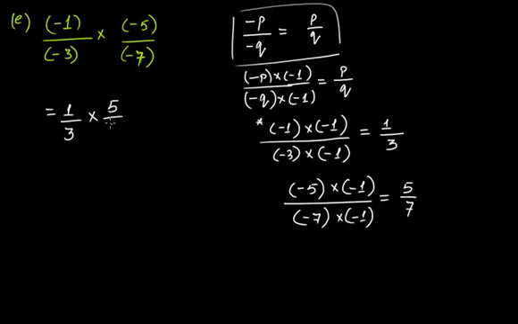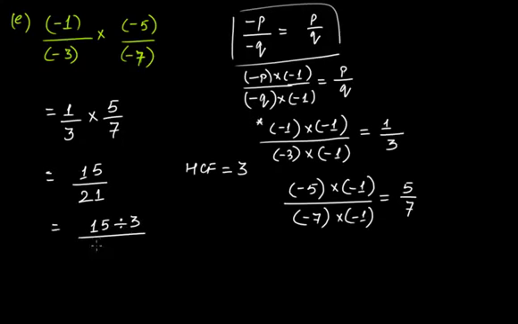So this comes as 5 over 21. Now, if you find the highest common factor of 15 and 21, you get 3. So 15 divided by 3, then 21 divided by 3, you get 5 over 7. So this is the answer for this one.